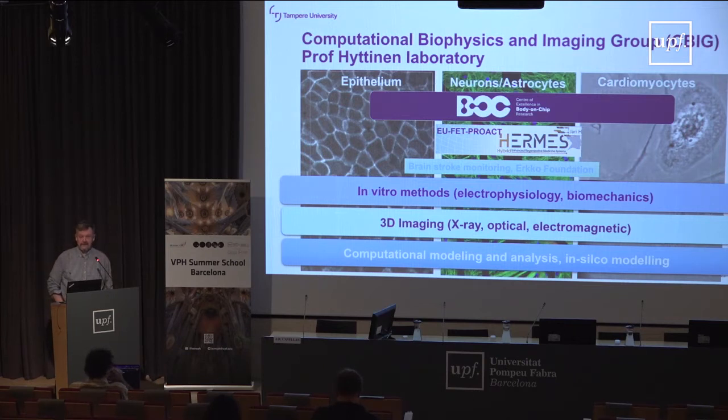I'll have maybe one or two pictures of that. What we are doing is cardiomyocytes, that is one area. We also do quite a lot of work on neurons and astrocytes especially, that is one type of neural cell in the brain. And the third type is epithelium, which is quite overlooked by modelers, but I'm not touching those today. I'm concentrating on the cardiomyocytes.